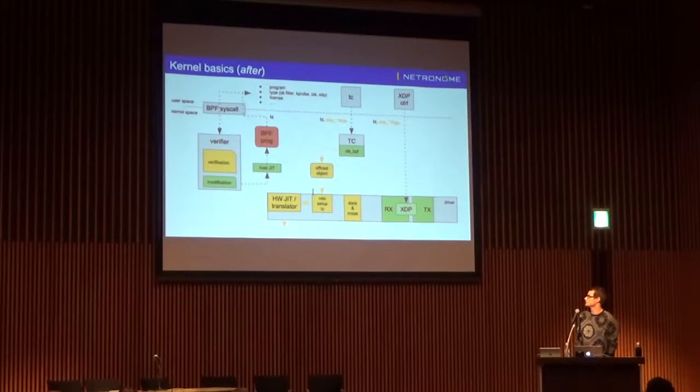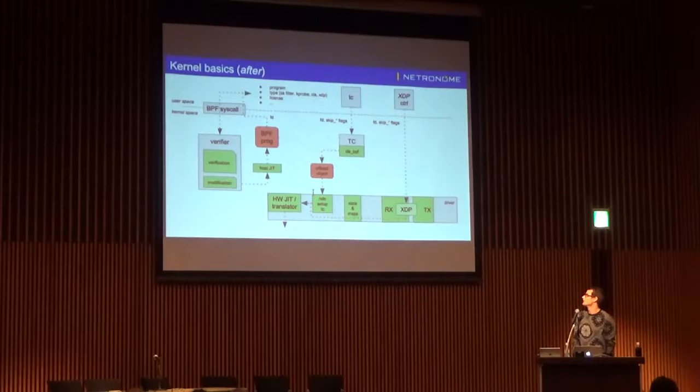And obviously in the driver we had to add the NDO for setup TC, add some infrastructure to read statistics from the card, and obviously the translator as well. And last but not least, we have extended the verifier to be able to reuse the in-kernel verifier for our own verification, and basically as a basis for analysis and parsing that we need to do to be able to translate the eBPF into our machine code.